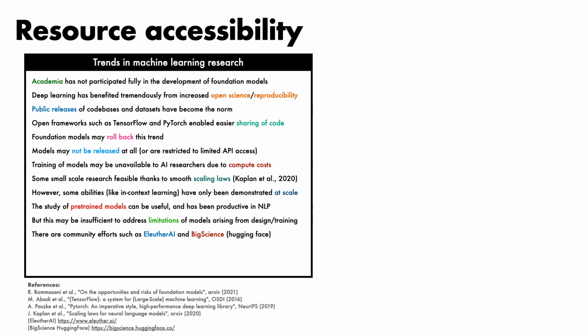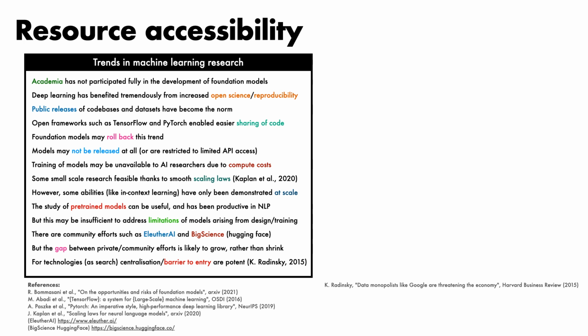However, it seems highly likely that the gap between private and community efforts is likely to grow rather than shrink. For some technologies, of which foundation models may be an example, centralization forces and barriers to entry are potent. If so, eventually even startups may be unable to compete with established multinationals.